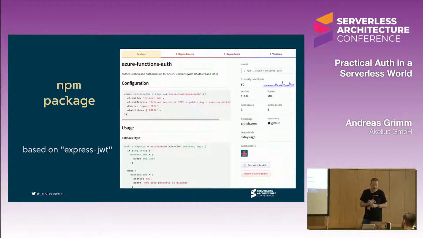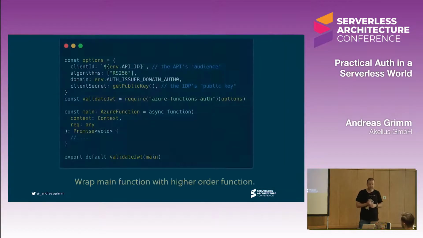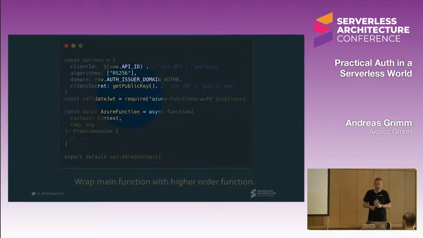I put out an NPM package that is based on Express JWT, this middleware, that makes this library a bit more consumable for Azure Functions. And this is how you would use it.